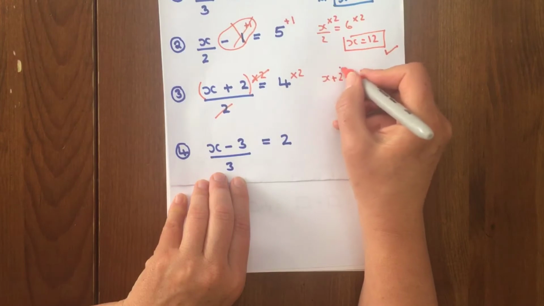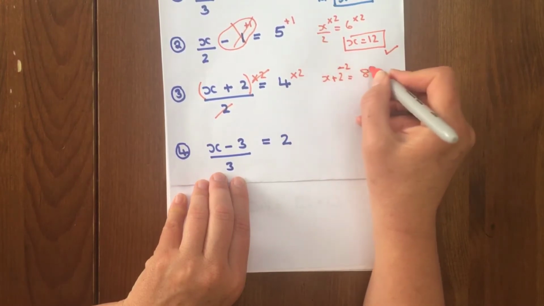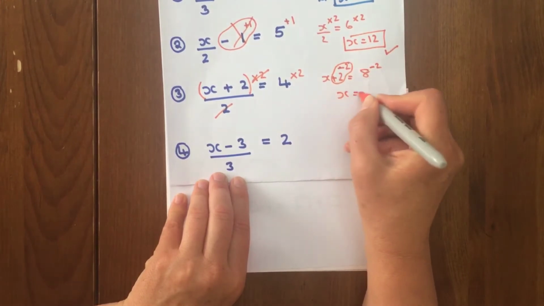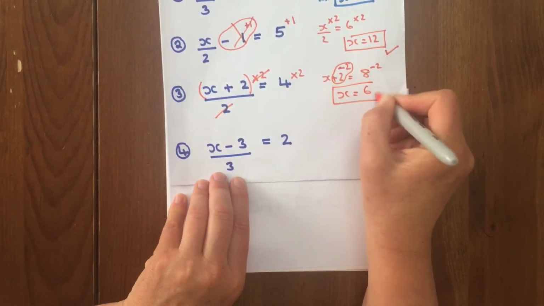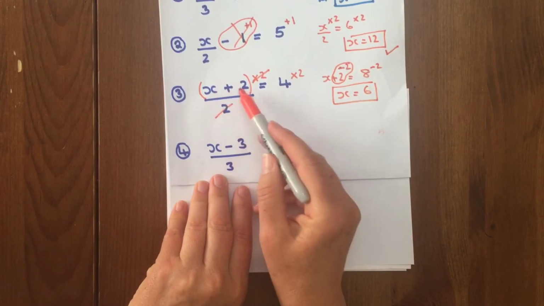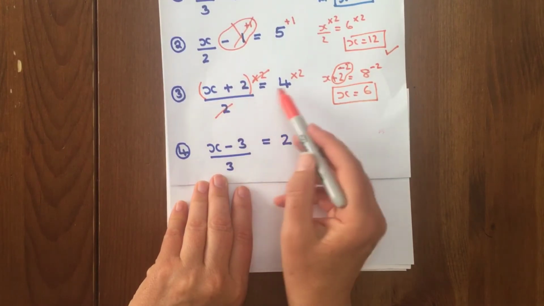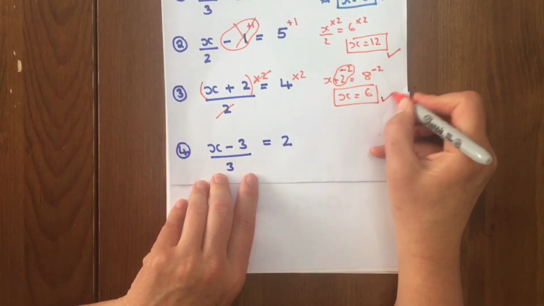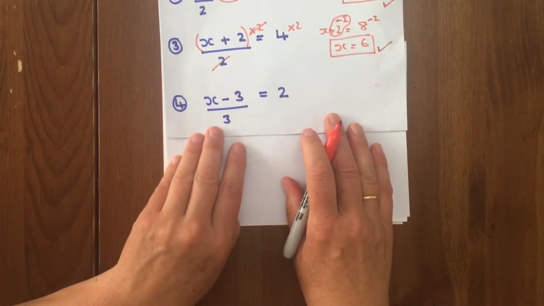Now, the opposite of add 2 is now we take away 2 from both sides. These will cancel. So x equals 6. Let's see if that works. 6 add 2 is 8. 8 divided by 2 is 4. Correct.